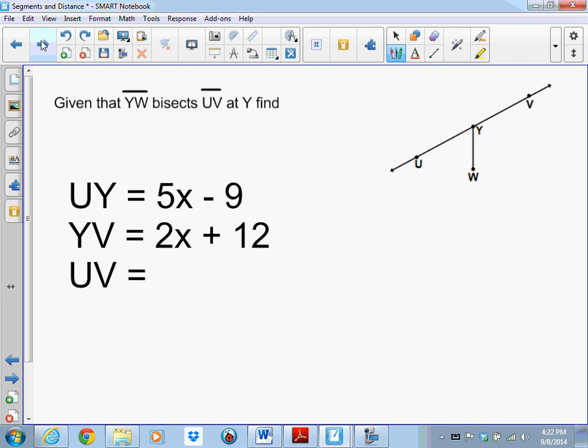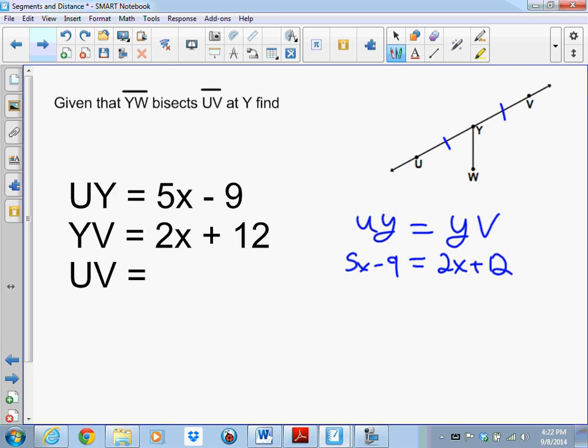All right, now this is the case where, because it is a bisector, these two are equal. When we're given UY is equal to YV, because it is a bisector, they are the same length. And then we get 5x minus 9 equals 2x plus 12.